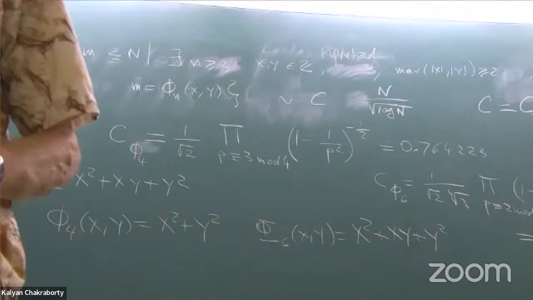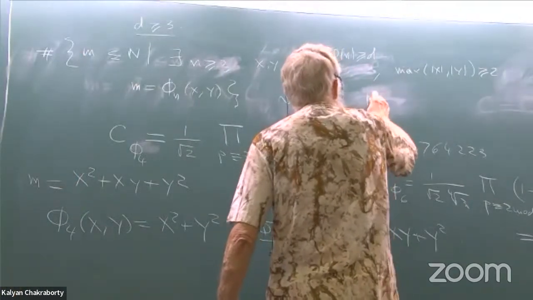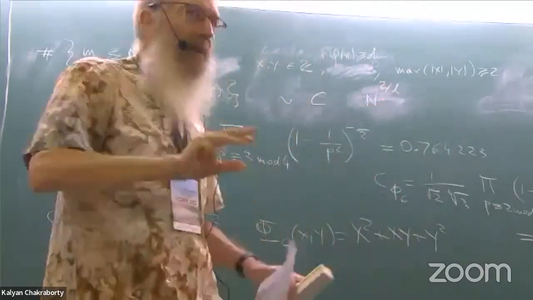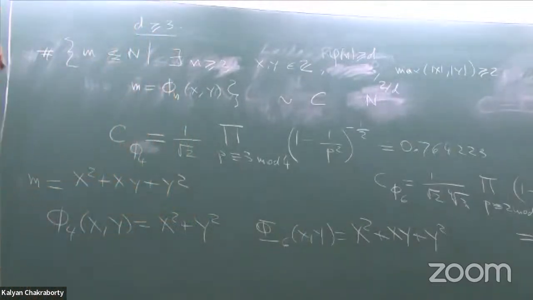So it is not n divided by the square root of log n which occurs in this case. But the result is that we have a constant c times n to the power 2 over d. So there is no logarithm in this case, and the situation is quite different if we take forms of degree at least 3.